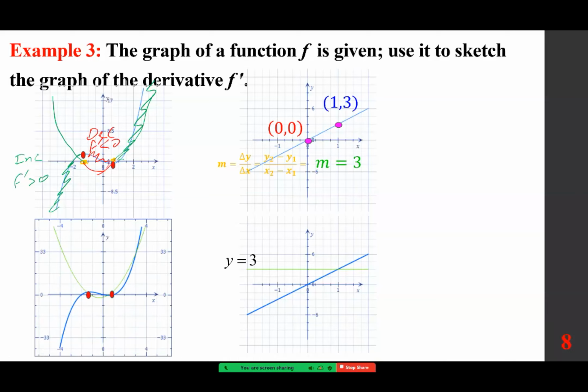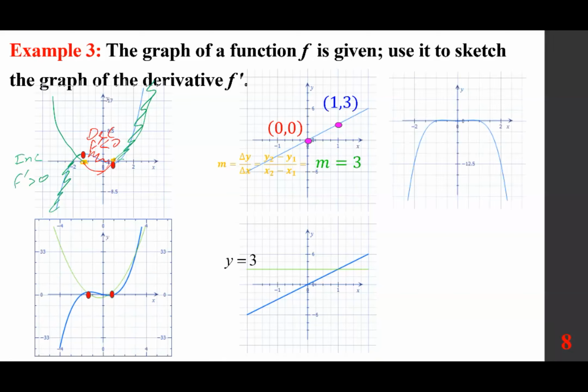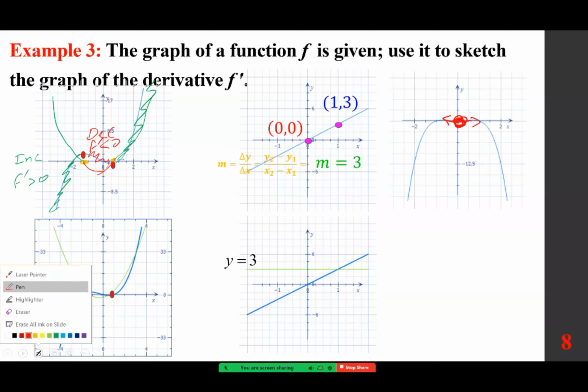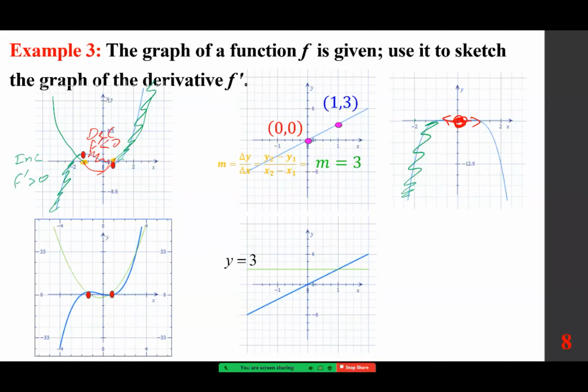Again, pay attention to the easy pairs. For this one, clearly, you have a horizontal tangent line at this point. This part is increasing, meaning f prime is positive, so must be above the x-axis.